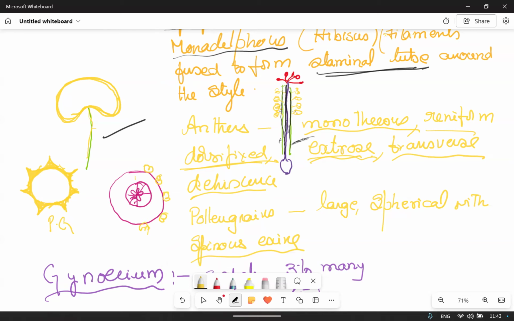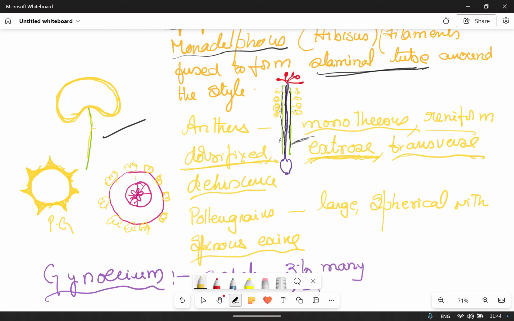This is extrorse, and only the Malvaceae family shows the extrorse condition among the families in our syllabus. What about other families? They are introrse, they face towards the gynoecium. In this case, these anthers face towards the outer side, away from the gynoecium, towards the petals. That is called extrorse. Extrorse condition, here only we are seeing.